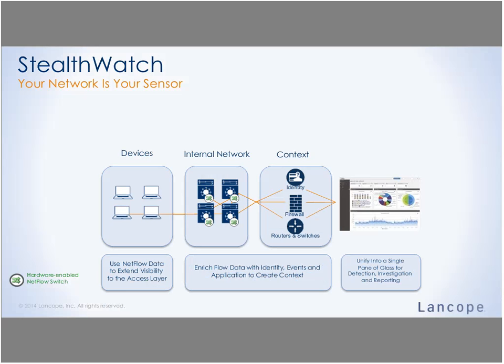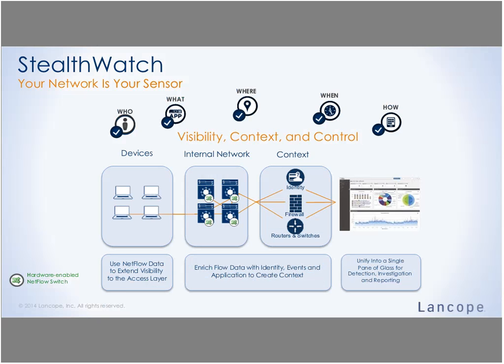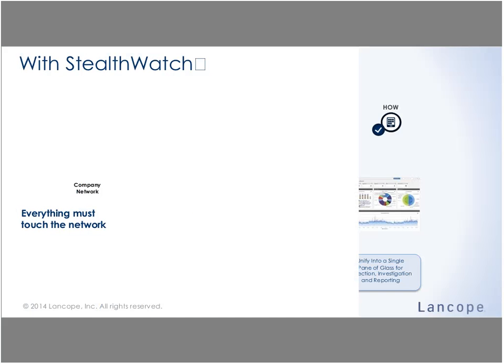StealthWatch will use context integration with things like Cisco's Identity Services Engine or other identity components to correlate user and endpoint data like MAC address and physical location to the conversations to give some of those workflows that we looked at earlier. And so answering the question of who's doing it, what applications are being consumed, where are they physically located, whether it's an inside user or an external attacker, the time and the methodology, all of those are very important in both detection and in response.